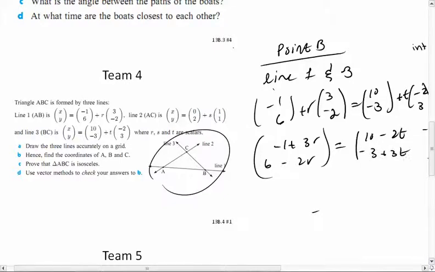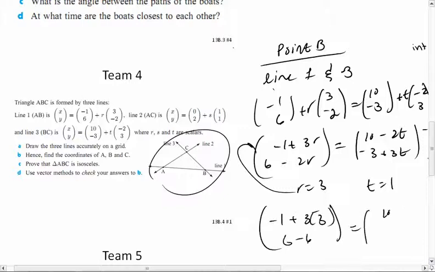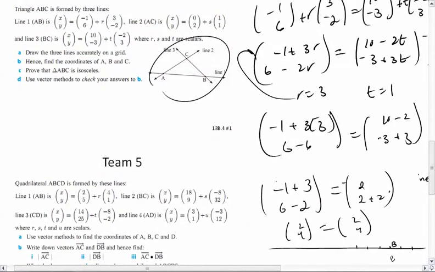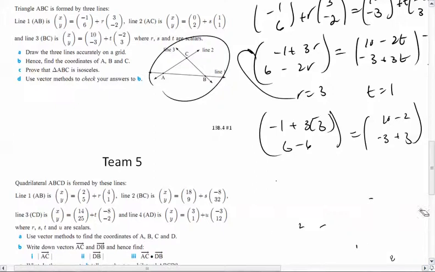Sorry about my handwriting, we're running out of time. We know that R equals 3 and T equals 1 from solving in part A. So we plug them back into this. So minus 1 plus... and this leaves us with 8, 0 equals 8, 0.